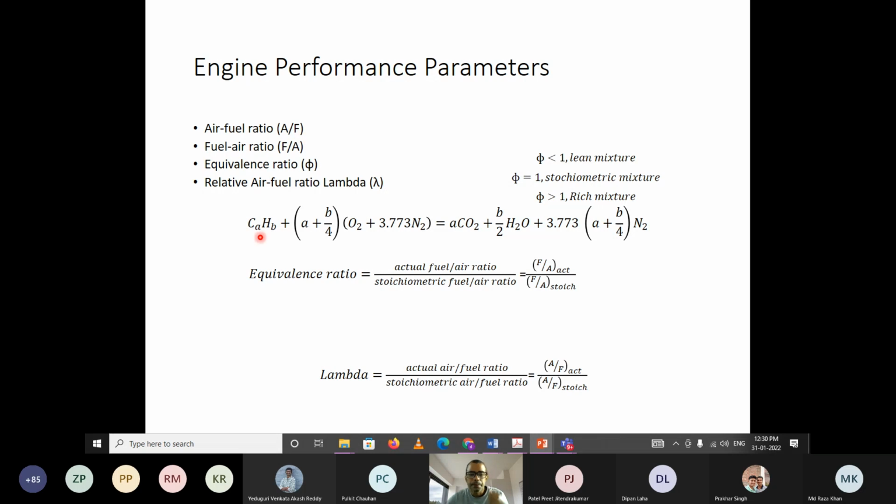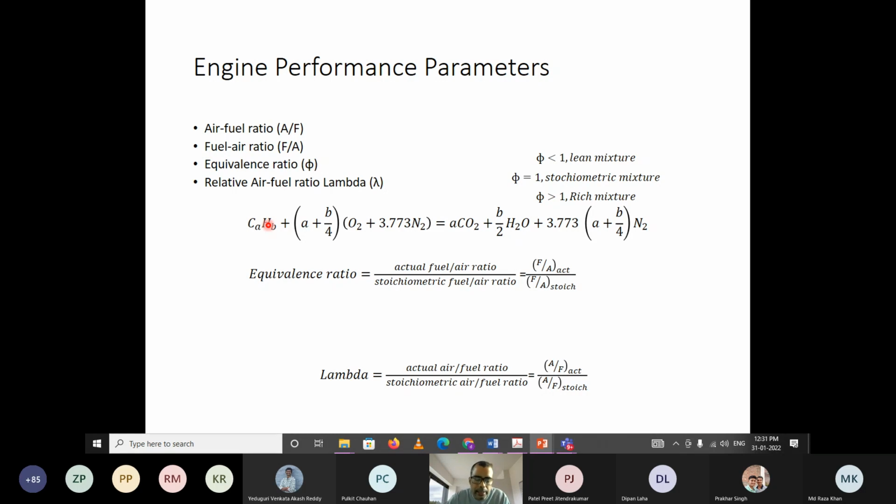So let us suppose we have a fuel in terms of octane, C8H18. Octane is ideally taken whenever we have to deal with gasoline fuel, though gasoline anyway contains several hydrocarbons.